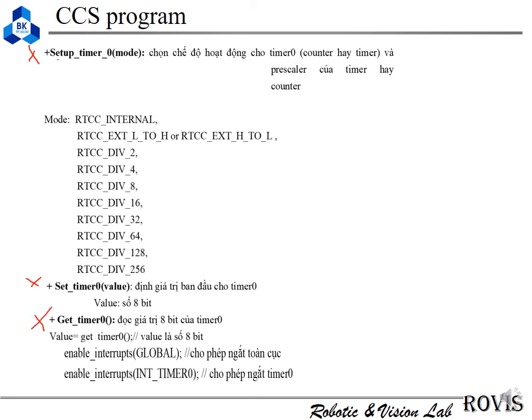Setup timer is for the prescaler, set timer sets the initial number for the timer, and get timer reads the timer value. Remember that the timer value is 8 bit. Then we have to enable all the interrupts here. This is the function to enable the interrupt.